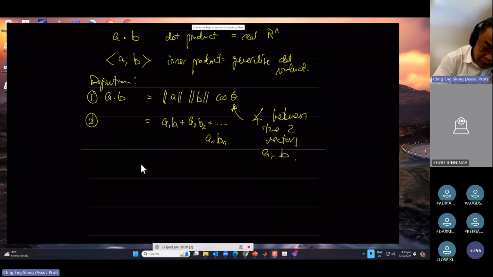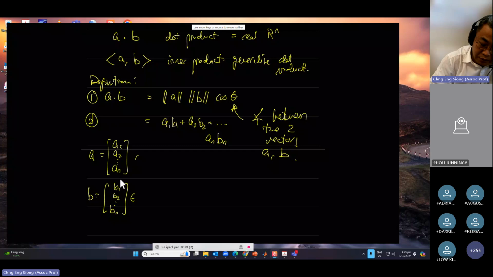If you really want to be pedantic, then I say a equals a1, a2, dot, dot, dot, an. Similarly b is the same: b1, b2, dot, dot, dot, bn. All of them belong to Rn. So this is the second way.